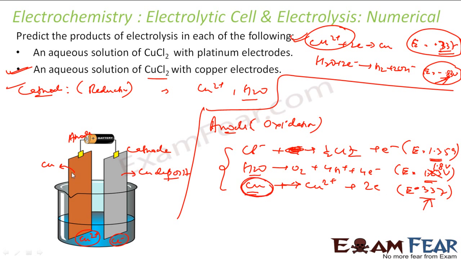Thus, here copper will get oxidized to Cu2+. Nothing will get deposited. Right? So copper will get oxidized to Cu2+. It will go into solution, and there Cu2+ will become copper, and thus electroplating will take place.